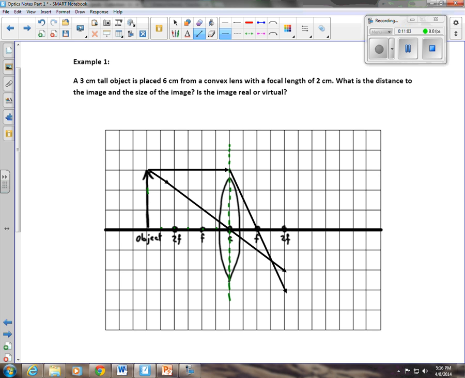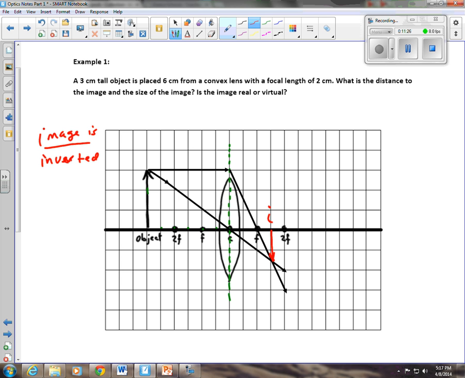The image is where they meet, and you draw it as an arrow going from the center line to the meeting point. So it would be like this. So there's my image. I'll label it I for image. Now, we want to describe it. So the image is, well, it's inverted.